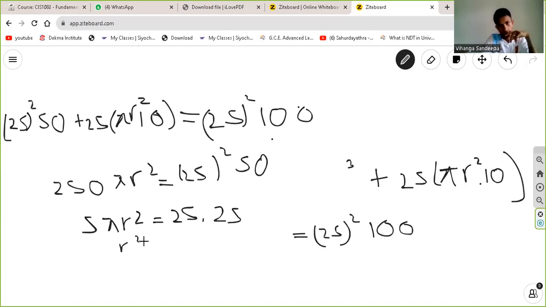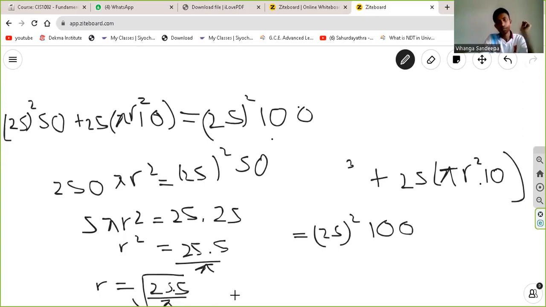R squared equals 25 into 25 over 5 pi. Then R means the square root of this. 25 into 5 over pi, square root.